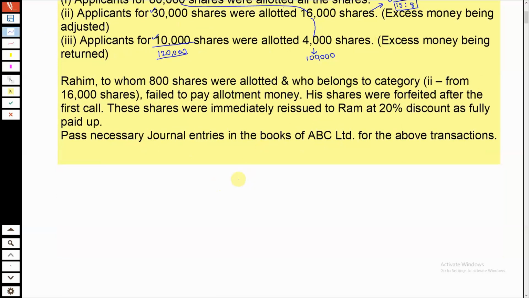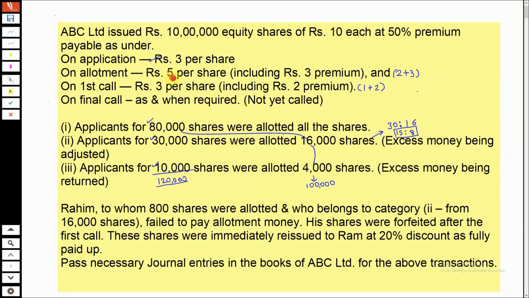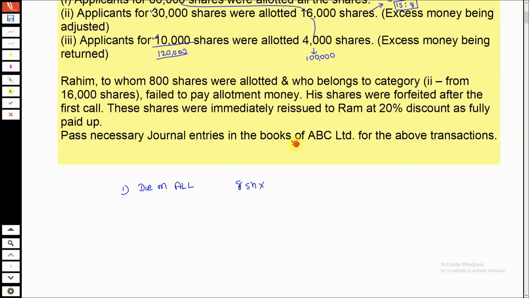So you are having 8 shares. क्यों, I am assuming दूसरा नंबर 8 है ना, तो assuming हमारे पास 8 शेयर्स हैं. And I will write first of all due on allotment. So at the time of allotment in the question I am supposed to pay 5 rupees जिसमें 3 प्रीमियम है, 2 फेस वैल्यू और 3 प्रीमियम.